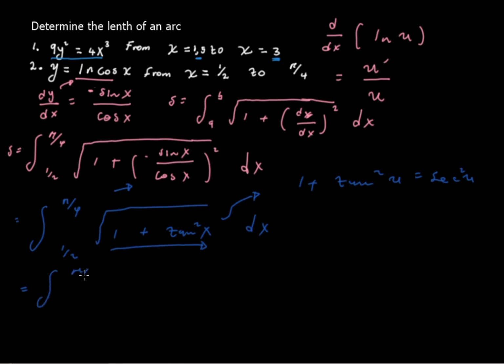Now for that thing, it's going to be the square root of secant squared x over there. So the square root and the square will cancel each other, so I don't have to write anything over here. I'm just going to say secant of x dx. Now the main thing that we should look at is to integrate this.